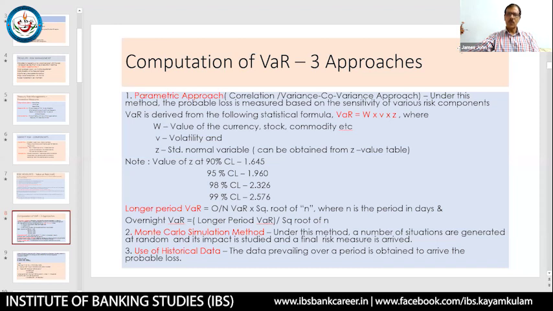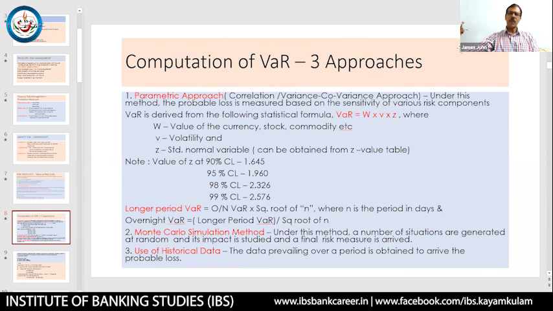If you are asked to find 7 days VAR, you take the overnight VAR into square root of 7. If it is 1 month VAR, it is overnight VAR into square root of 30. If it is 2 month VAR, overnight VAR into square root of 60, and so on.